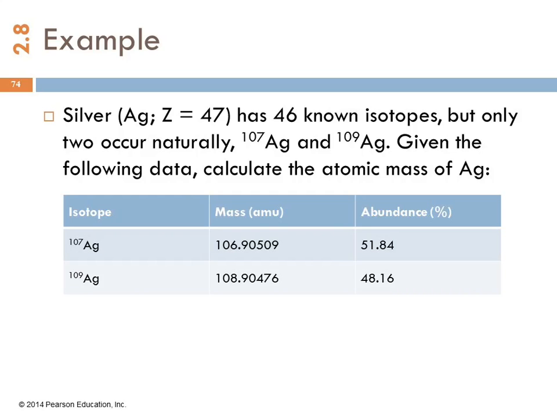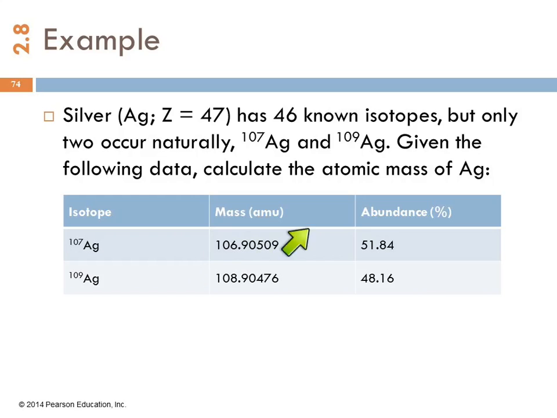And could you just look at the periodic table and see the mass of silver? Yeah, you could, but then we're missing the point of doing the exercise, which is to understand how that number came about. So we're going to take the, here let's do 107 first.